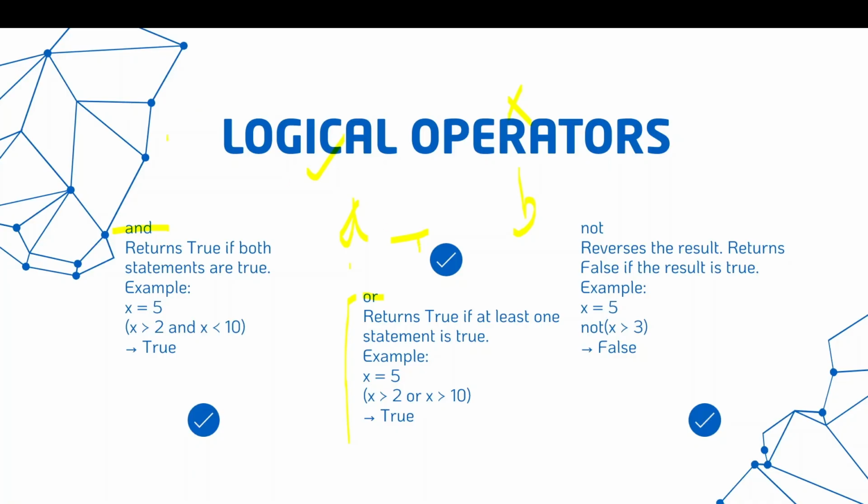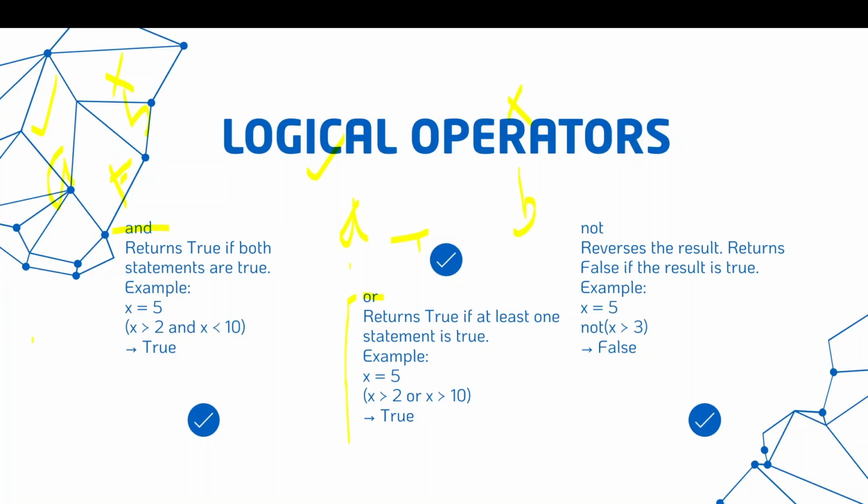But in the AND operator, what is happening? If A is true and B is false, we get false. This only happens with the AND operator.